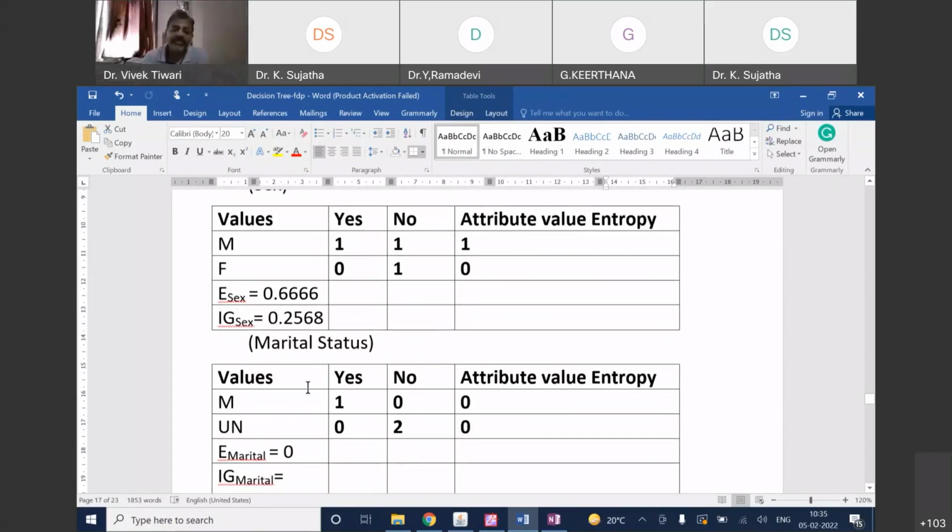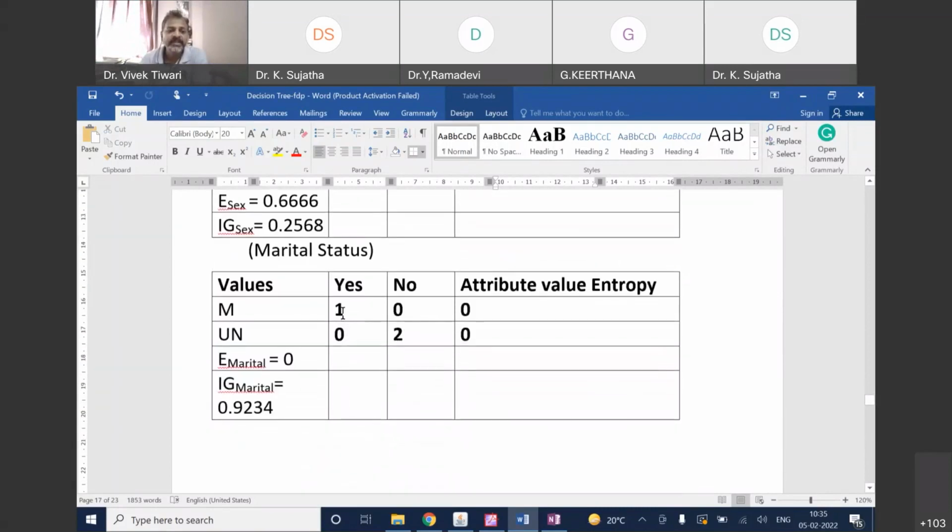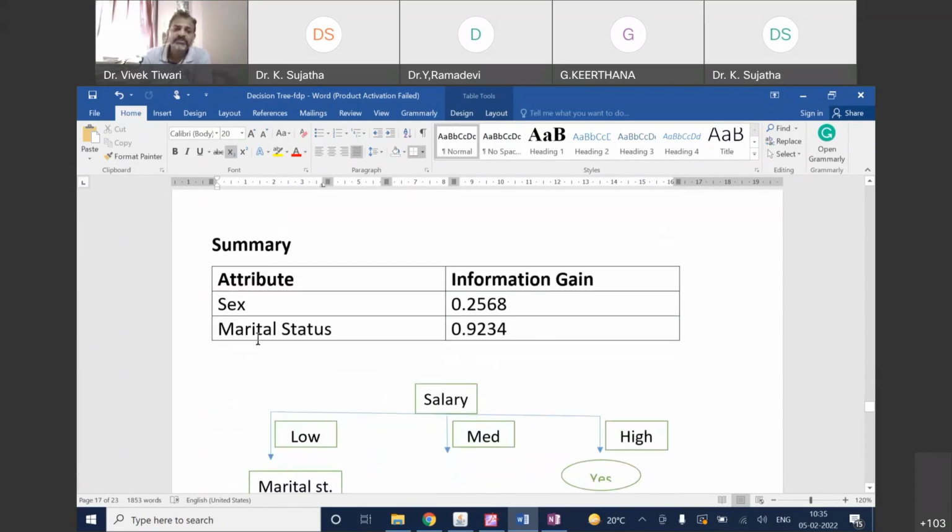Similarly, we consider the entropy of the next attribute, marital status. Two are married and two are unmarried. Those who are unmarried don't invest, and those who are married invest. So there is an entropy of 0, and the information gain of marital status is 0.923. So you need to summarize it.